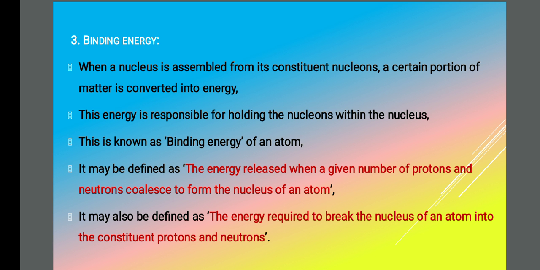So we can say it is the energy required to bind the particles together, that is proton and neutron together, or it is the energy required to break the nucleus of an atom into its constituent protons and neutrons. These are the different ways in which we state binding energy. Next we can see the relation between binding energy and mass defect.